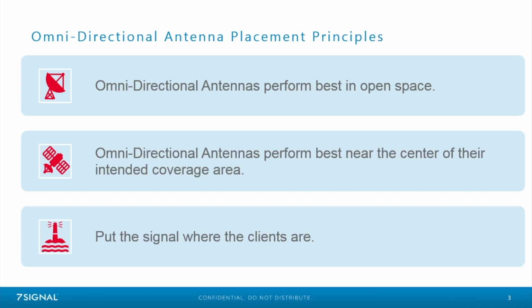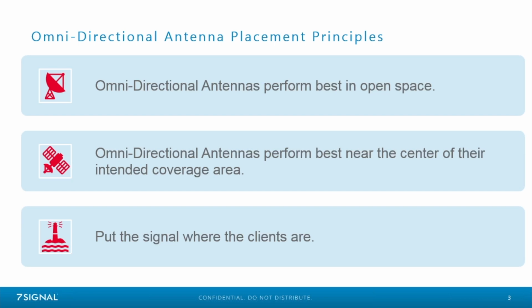First one is they really perform best in open space. Omnidirectional antennas, built-in antennas in access points, they like to be clear of walls, clear of obstructions. Also, given that they are omnidirectional, they are generally best located near the center of the coverage area.